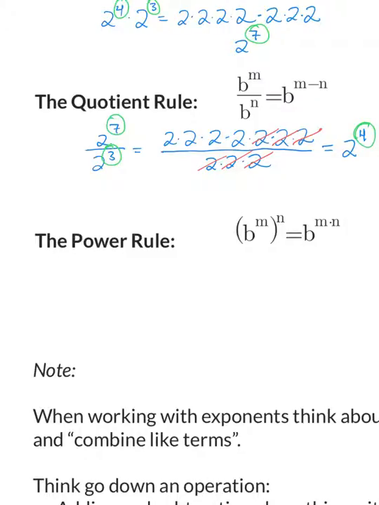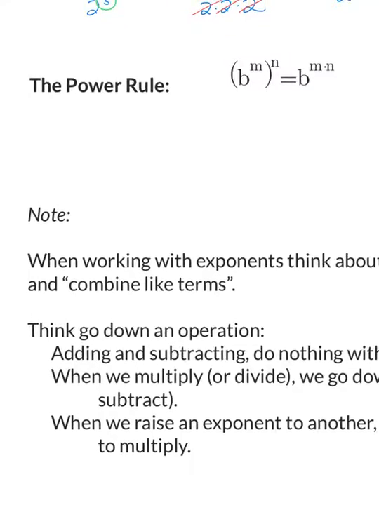And the final rule that we're going to look at in this presentation is the power rule. And the power rule deals with raising exponents to other exponents. So let's say we look at 3 squared, and I want to raise that to the 4th power. Well, what that's equal to is 3 squared times 3 squared times 3 squared times 3 squared.